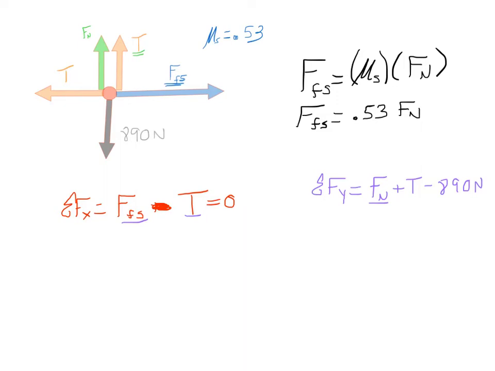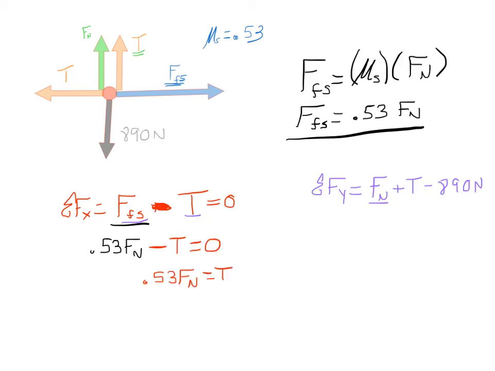So if we plug this in over here, we get 0.53 times the normal force minus the tension equals 0, which means that 0.53 times the normal force is equal to the tension.